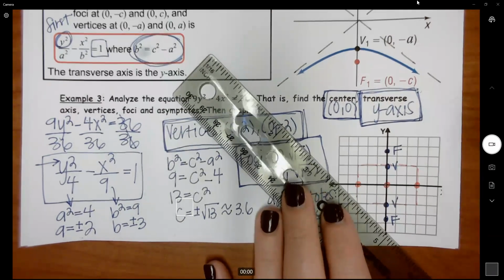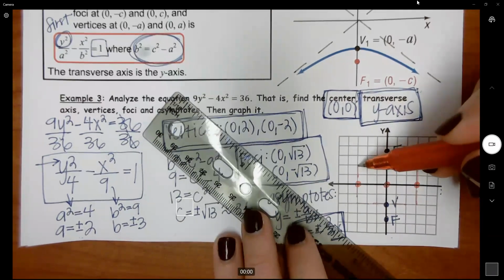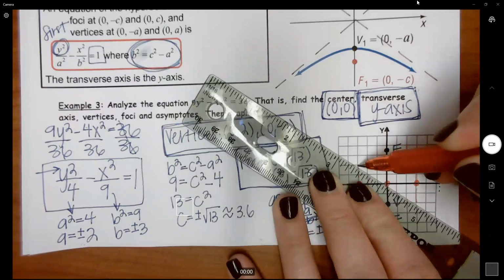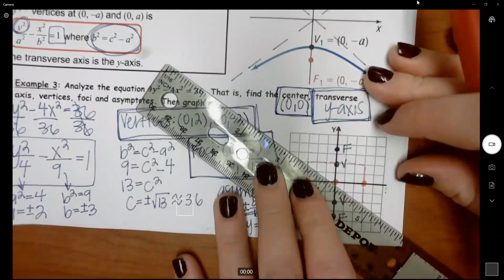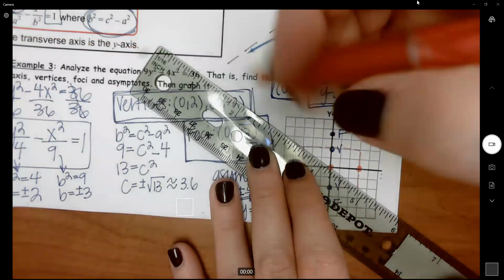Okay. So once we make our box, we'll go corner to corner through the center. And these are my asymptotes.